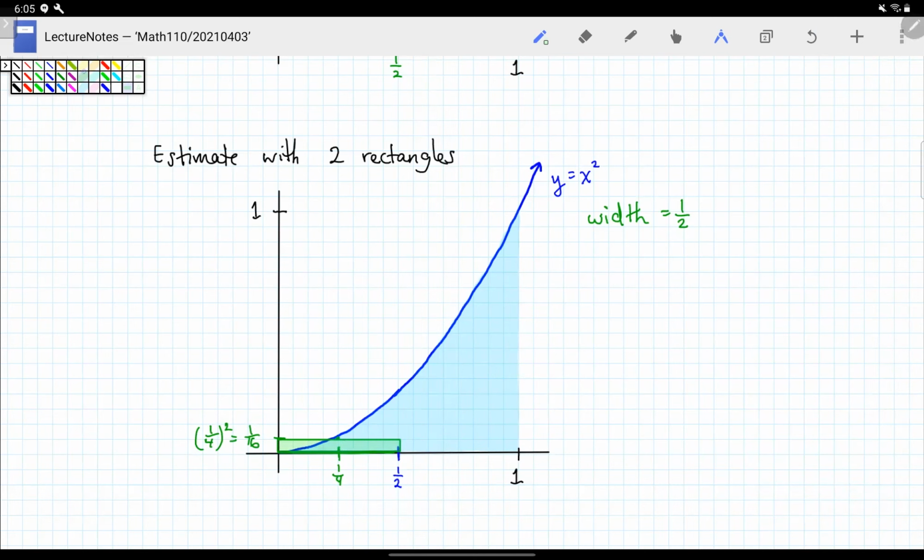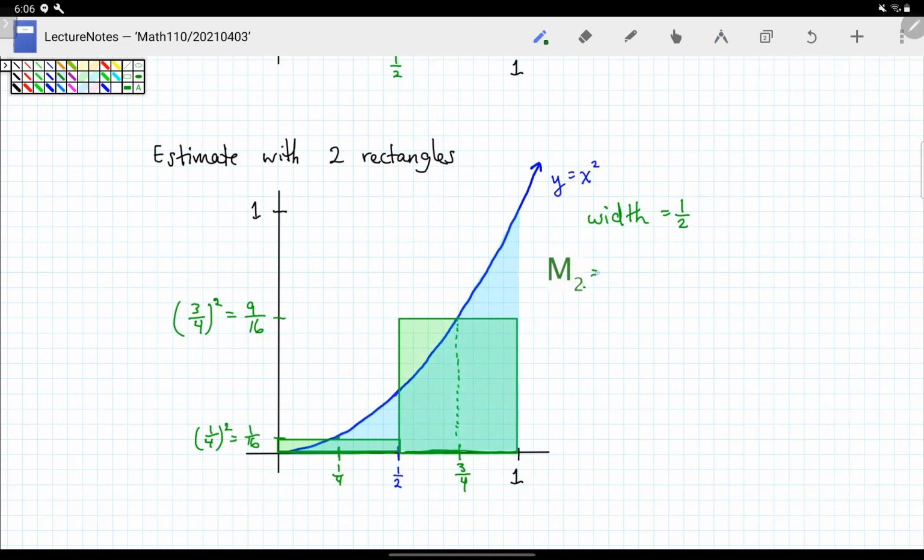And then the second subinterval spans from 1/2 to 1. The midpoint of that is 3/4. I use that as my input to find the height. 3/4 squared is 9/16. And so that new rectangle is going to have a width of 1/2 and a height of 9/16.